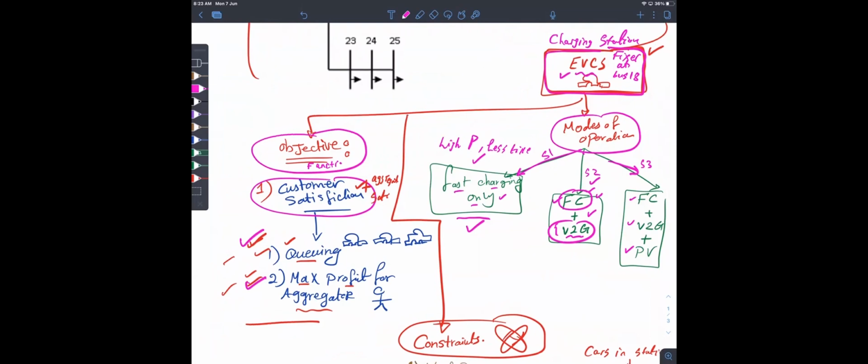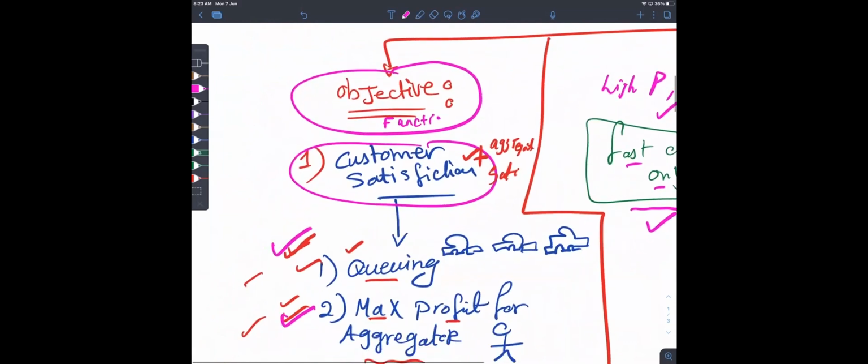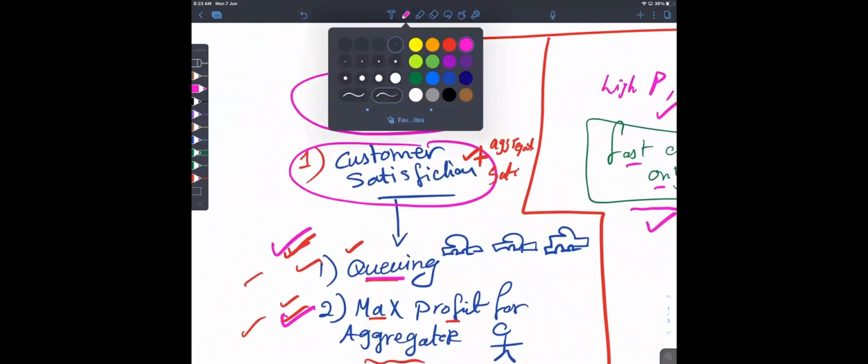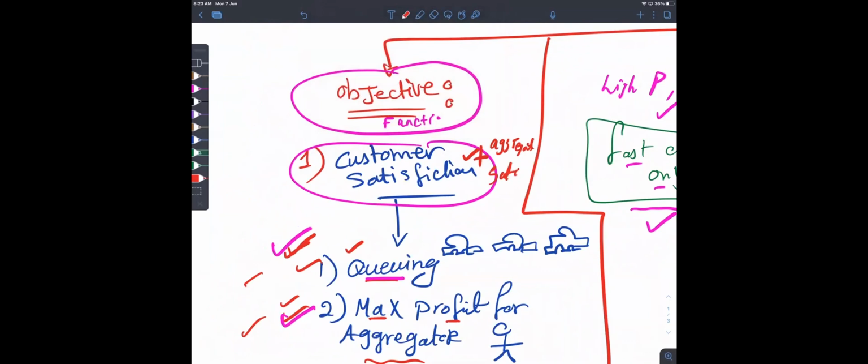Okay, so queuing is when you go to refuel your car. Some people, for example, want to go to their work, so they can pay you more, and you charge them fast. But they will need to pay more than average people.